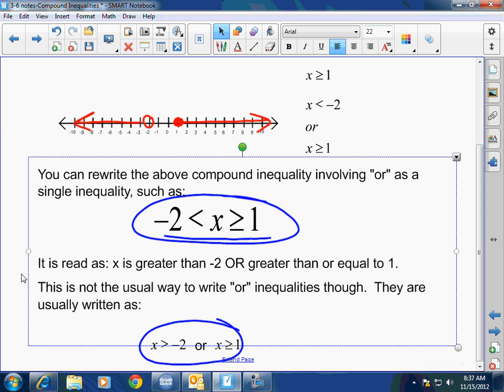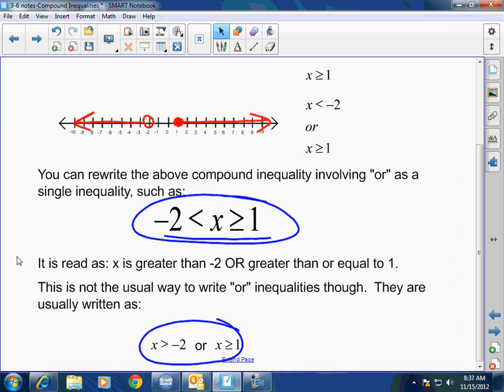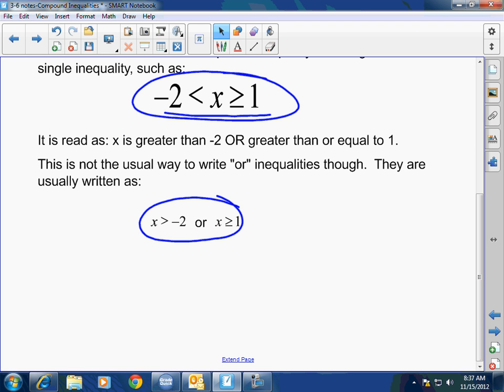This is not the usual way to write or inequalities, though. They usually are written as such: x is greater than negative 2, and they actually put the word or, x is greater than or equal to 1. Does that make sense so far? Okay? We're good? All right.